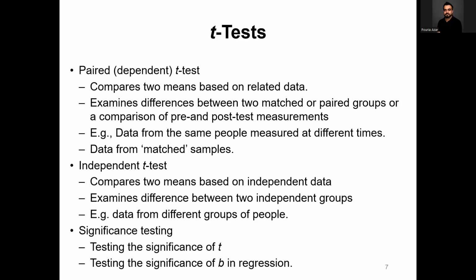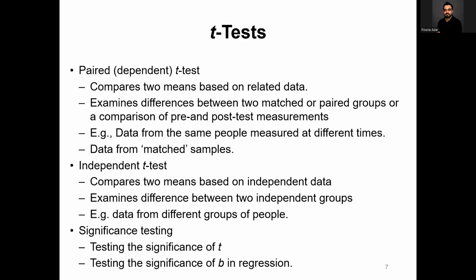Let's say I want to measure total cholesterol at baseline and total cholesterol at 6 months time point. If I want to compare the mean of total cholesterol at baseline and at 6 month time point, I have to conduct paired or dependent t-test.